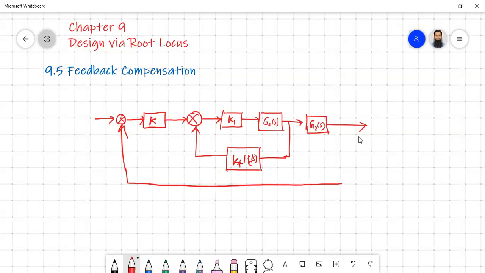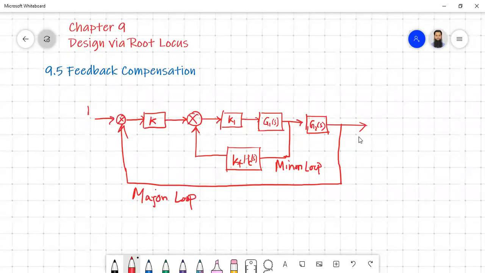So we have two loops. The inner one is known as the minor loop, and the outer one, the unity feedback one, is known as the major loop.